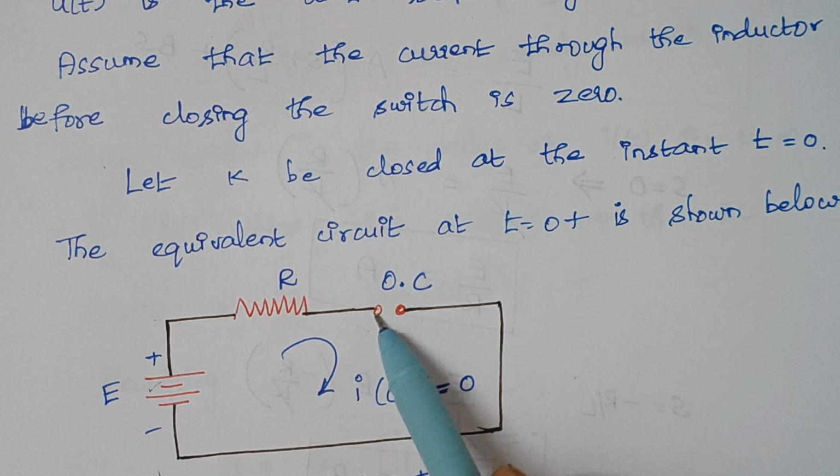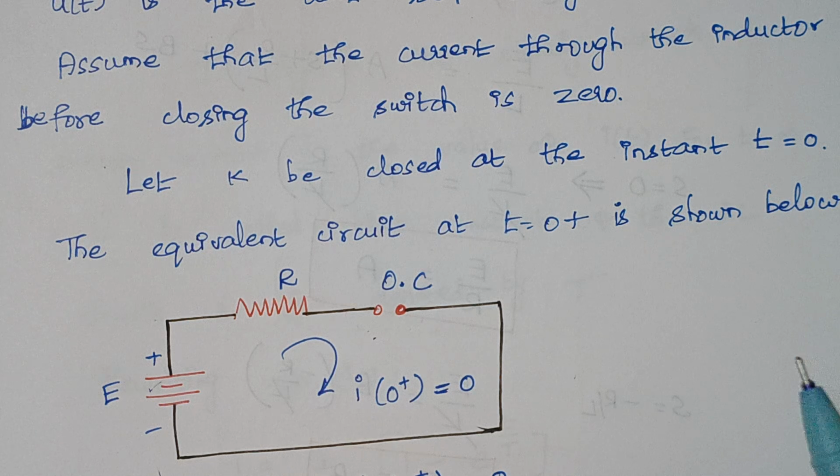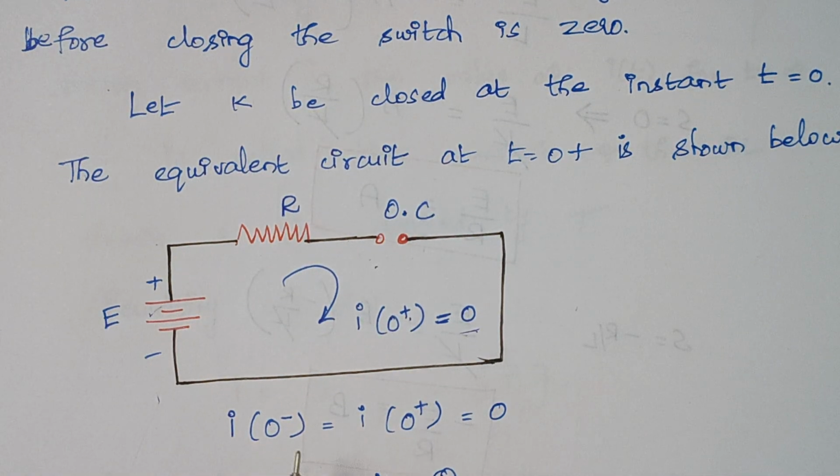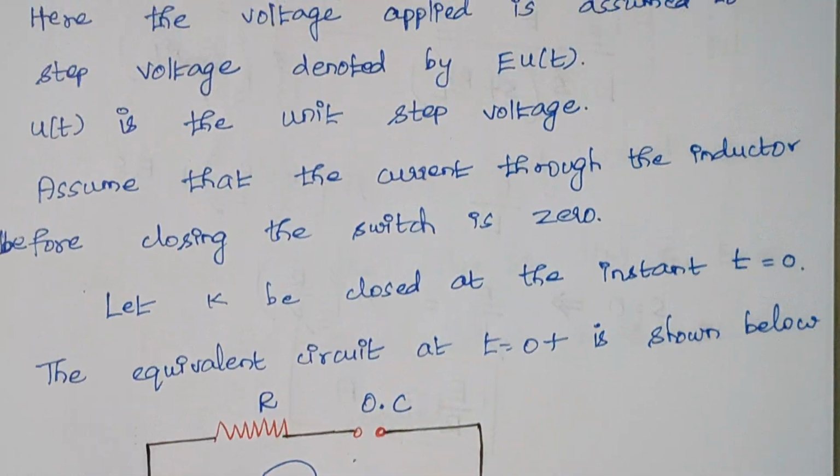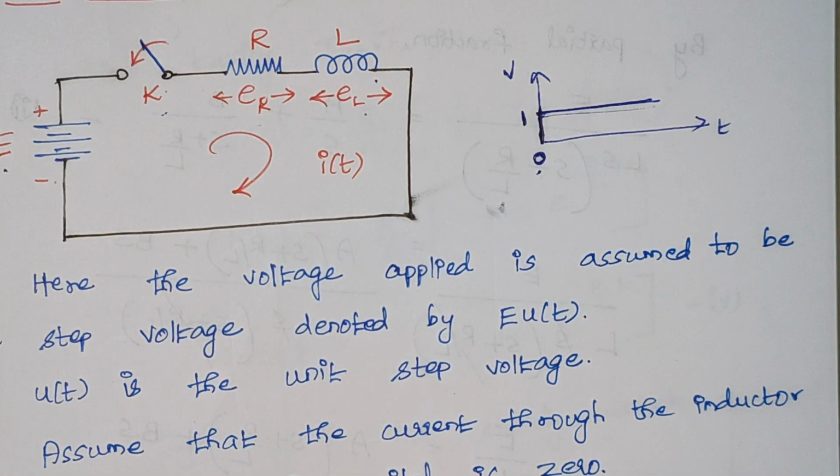Therefore it acts as an open circuit, and the current through the circuit will be 0. Here 0 plus denotes the instant after closing the switch, and 0 minus denotes the instant when the switch is kept open. In both cases the current value is 0.